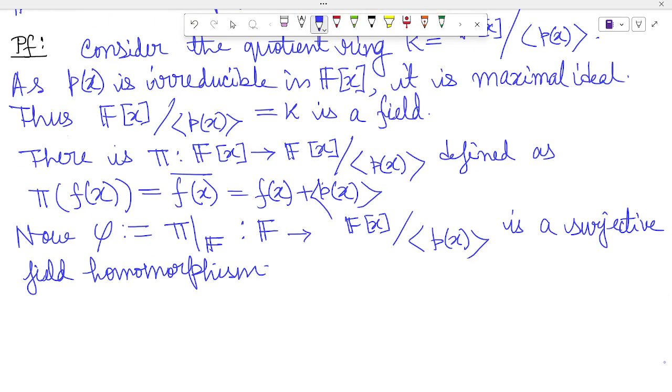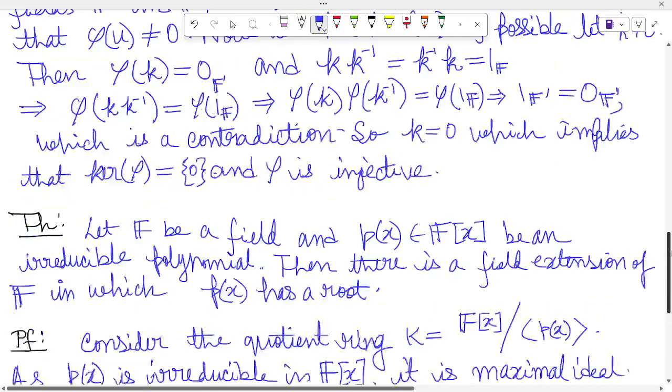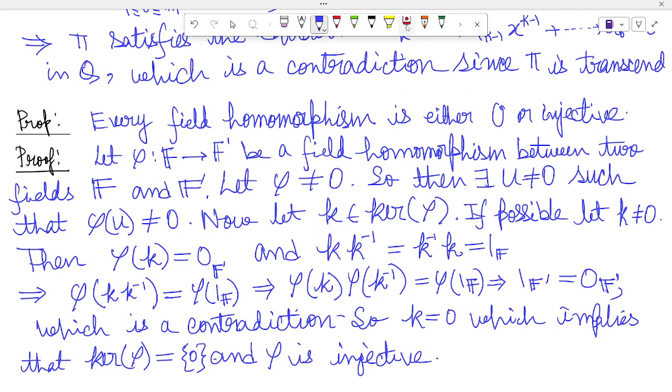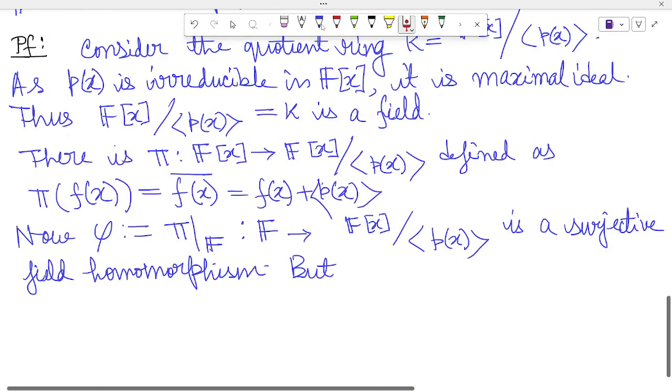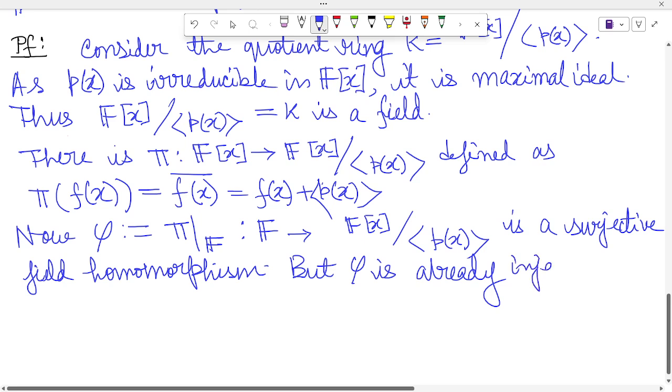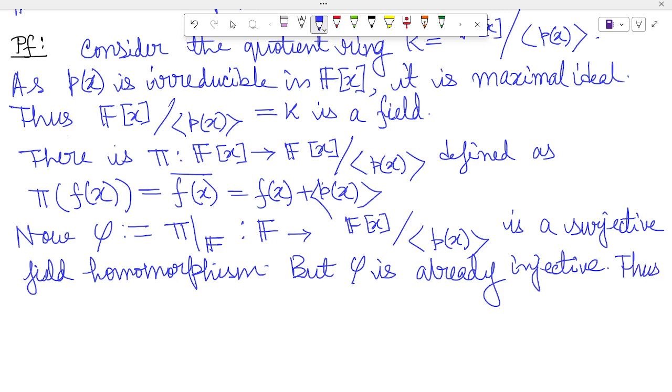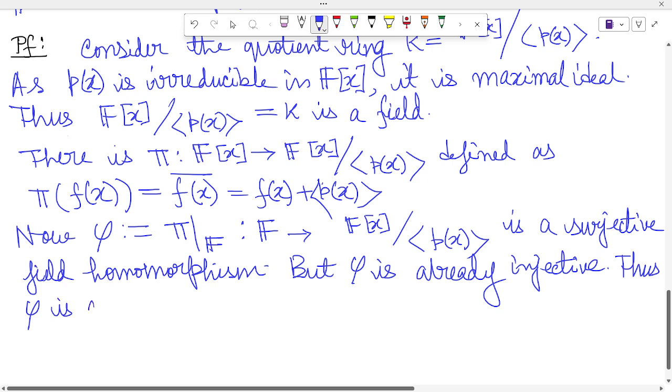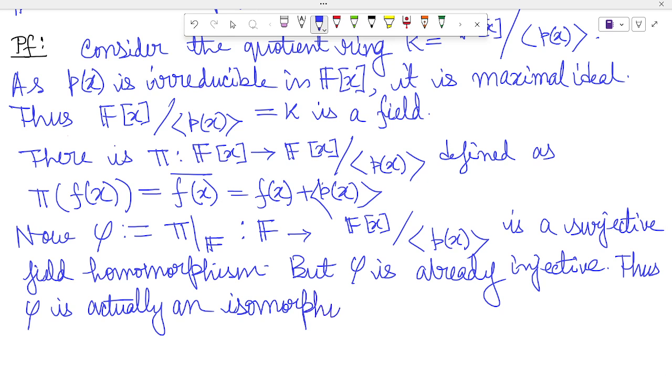So, but a field homomorphism, I proved that here, is zero or injective, but it is not zero, so it is an injective map. But phi is already injective. Thus, phi is actually an isomorphism.